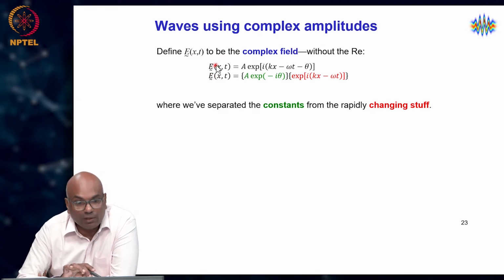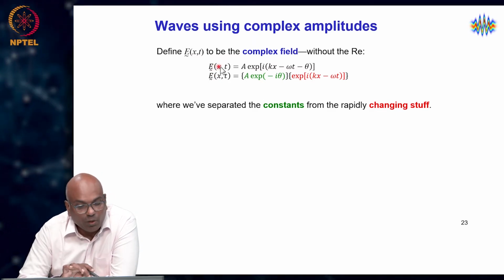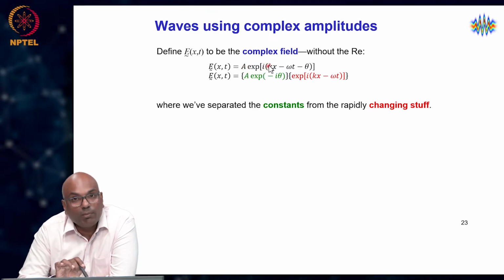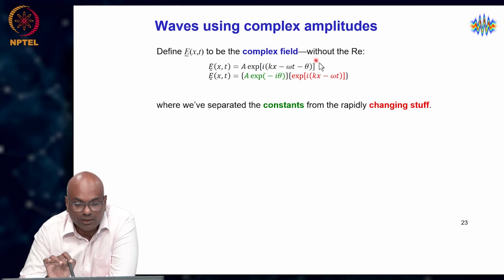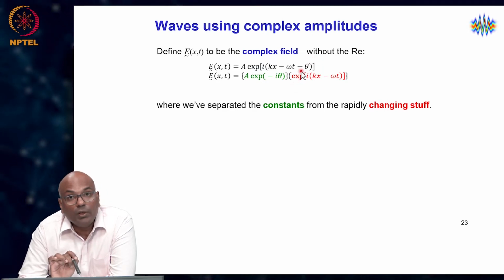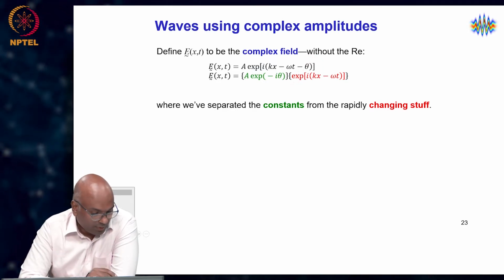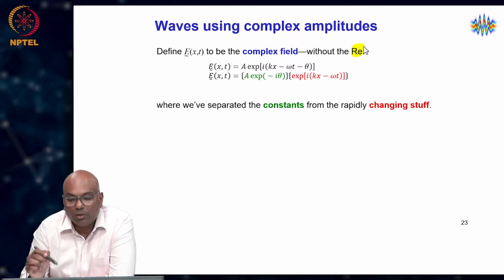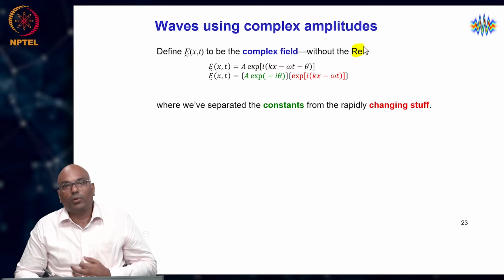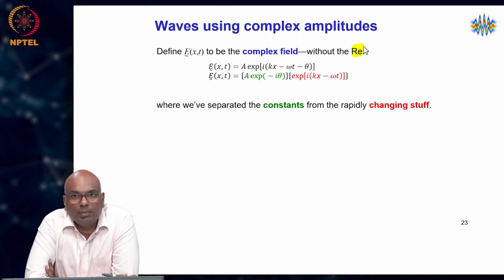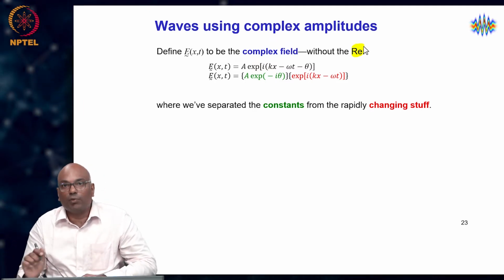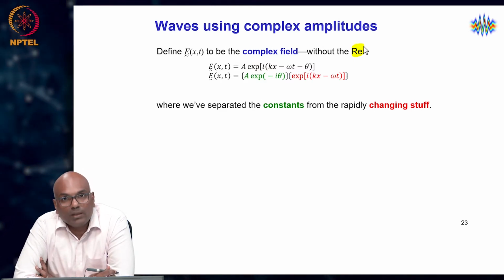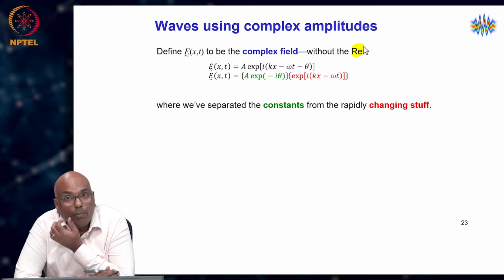We write the electric field E tilde of x,t to be A exponent i multiplying kx minus omega t minus theta. We don't bother to explicitly write Re or real every time. This is maybe an advanced user's habit if you wish, but then it makes a whole lot of math and equations compact.